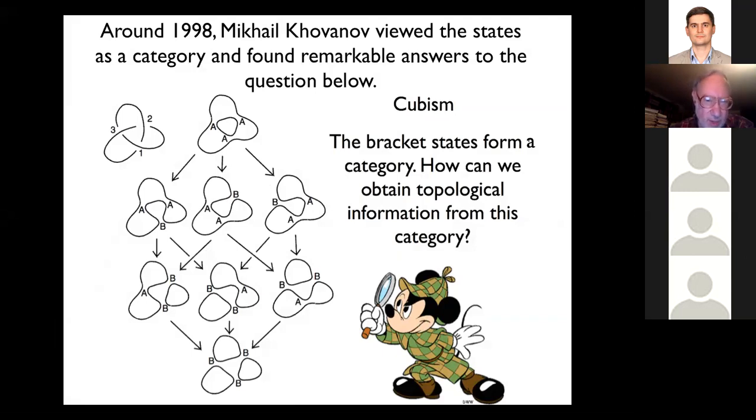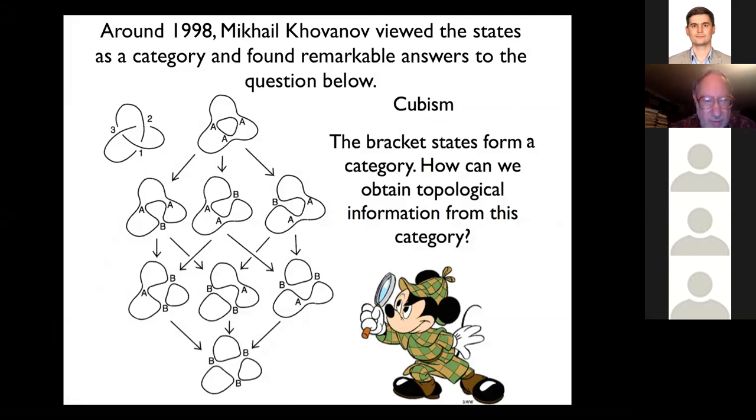And this went on for some time, and around 1998, Khovanov viewed these states as a category. That is to say, he put an arrow in there, and the arrow is going from one type of smoothing to the other type, which I had discriminated as A and B before for you, but not bothered to define.